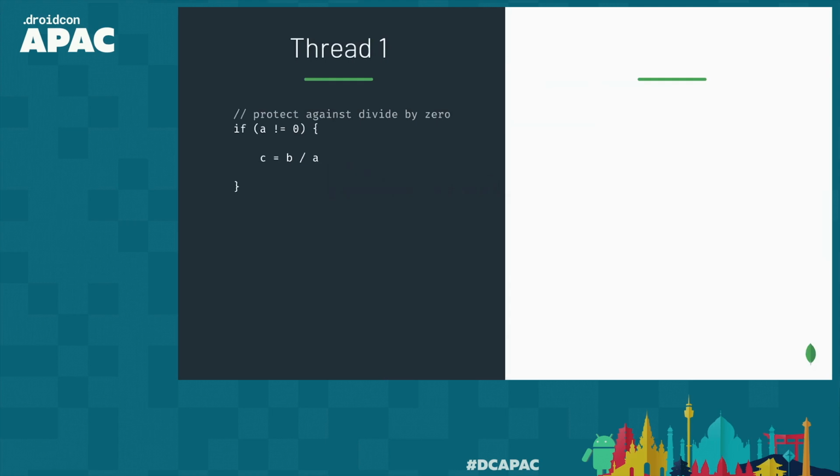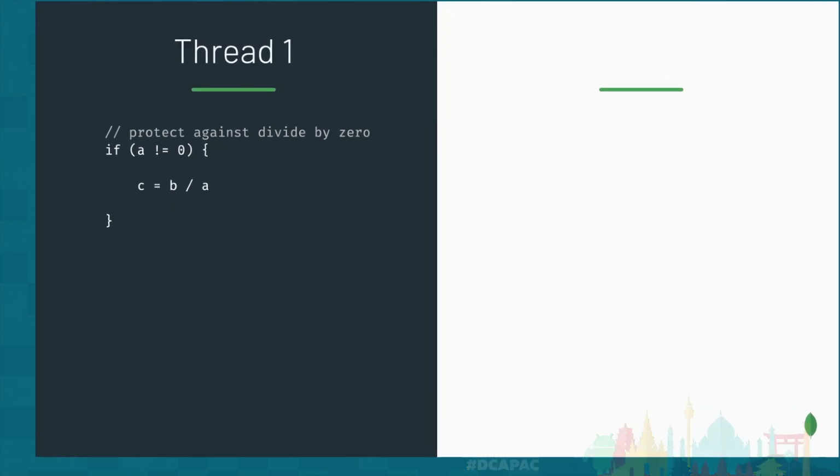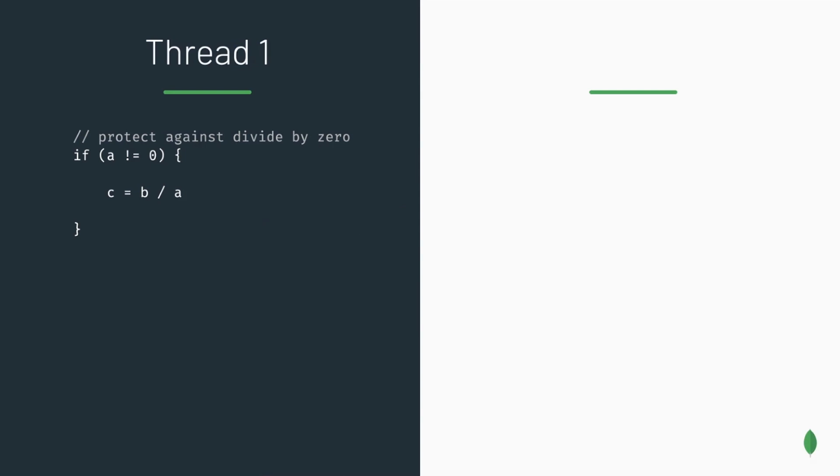A very, very simple example of a race condition: we have a minimal program that just says, I want to divide two numbers to get a third one. And of course, I want to make sure that I don't do a divide by 0, because obviously that would crash the app.